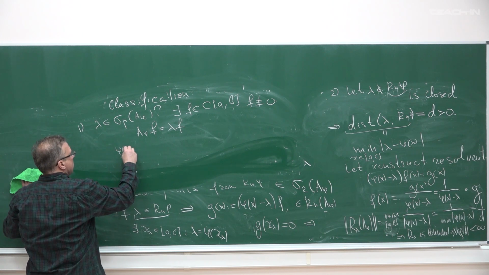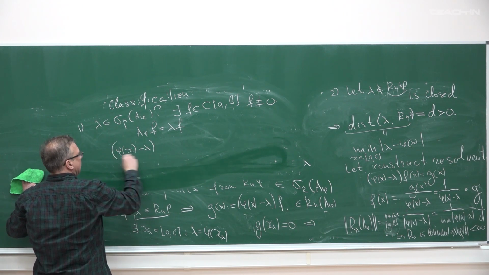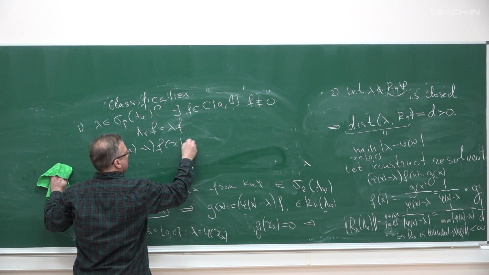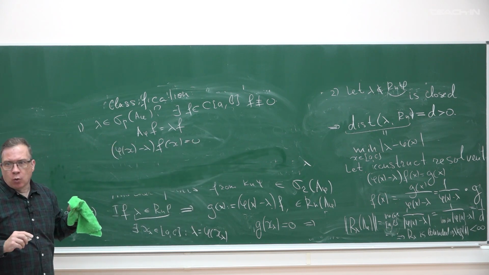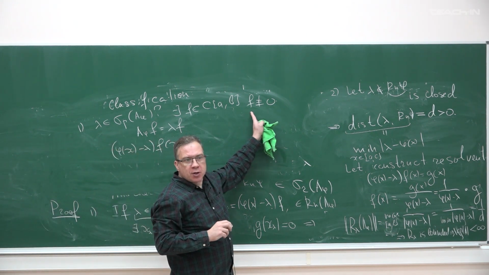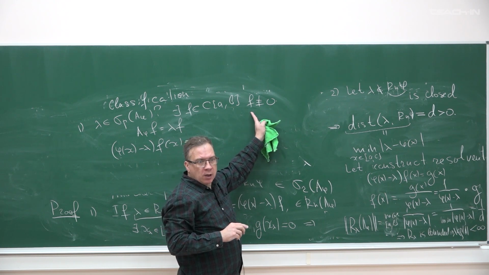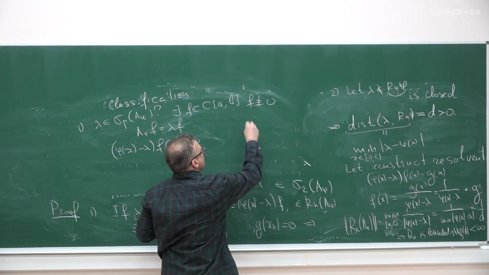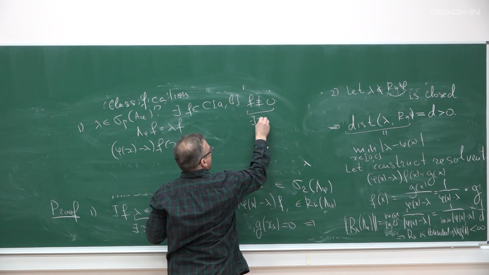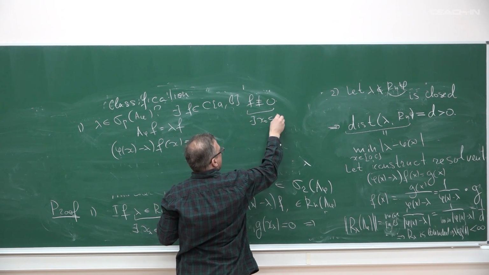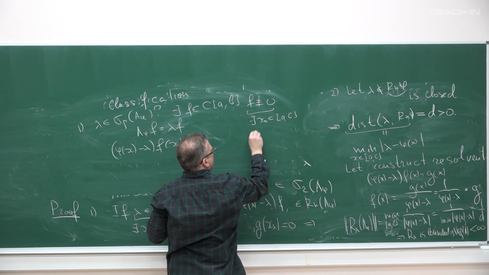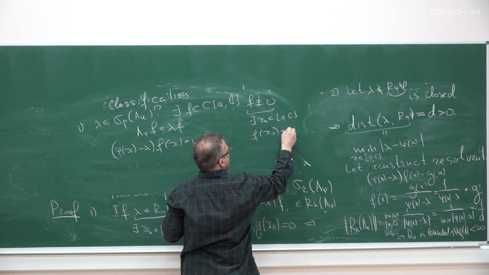What does it mean that the function f is not 0 in the class of continuous functions? This means there exists a point x0 in AB such that f at this point is not 0.